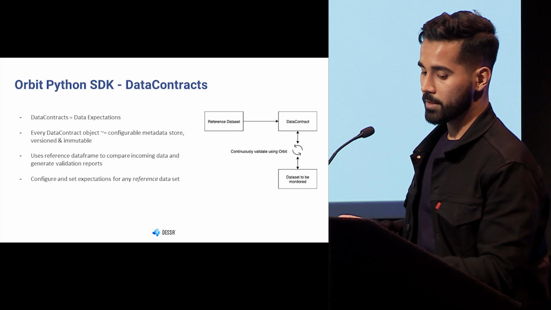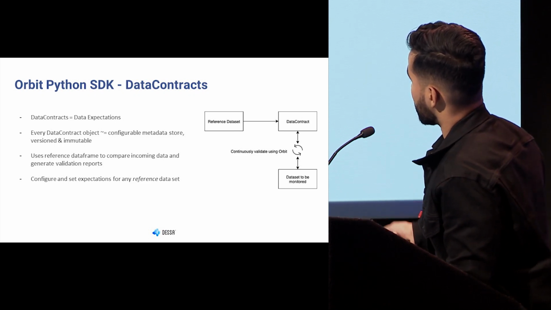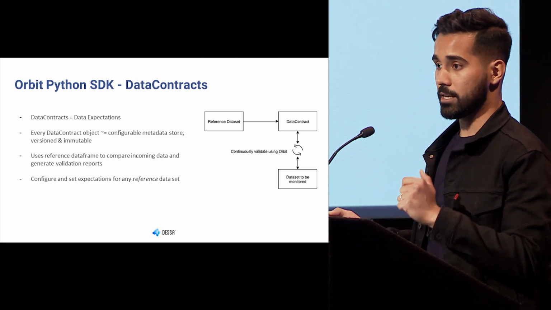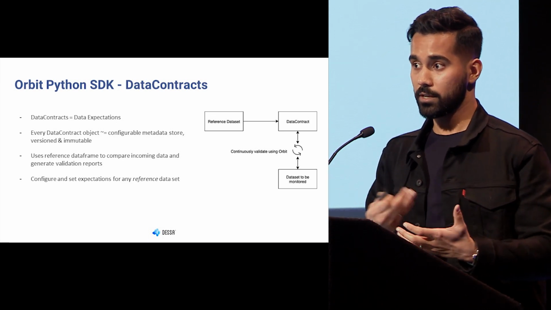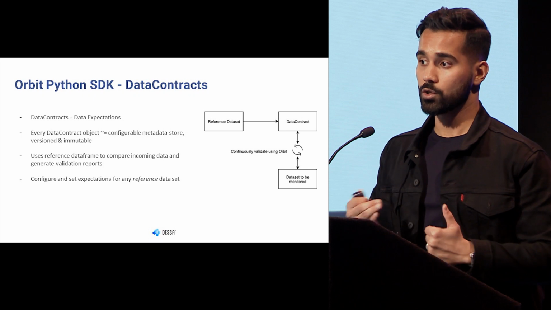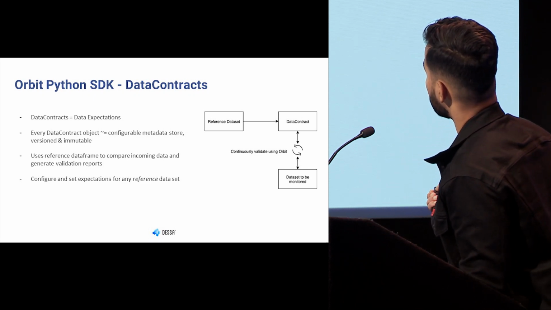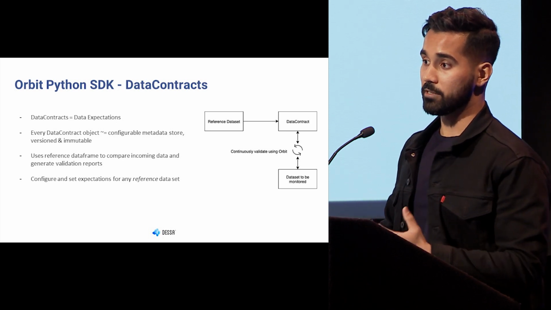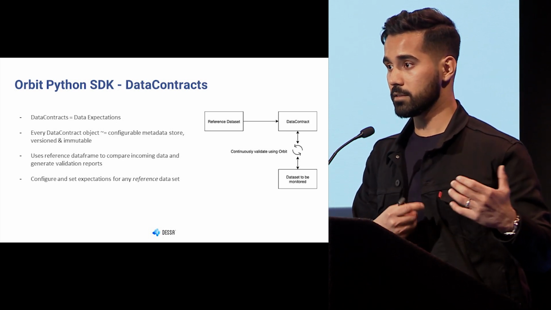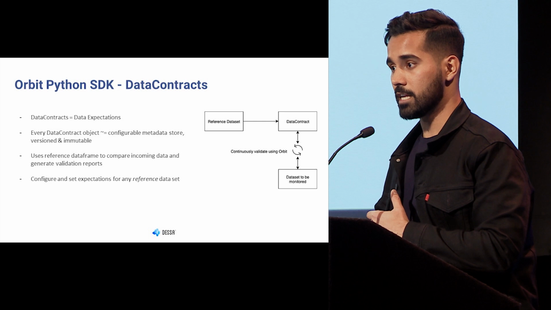Now, essentially, the way it works is you take your reference data set, which is like a gold standard data set that you think every single data set coming in needs to conform to. You create a data contract out of it, which is your expectation, and in that expectation, you will be defining different things. This is the standard deviation. This is the special knowledge check.